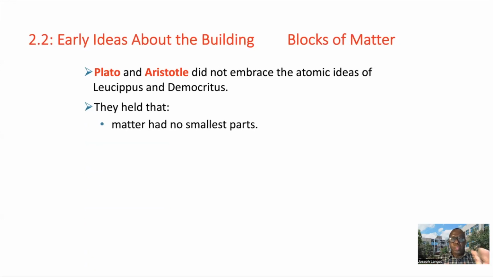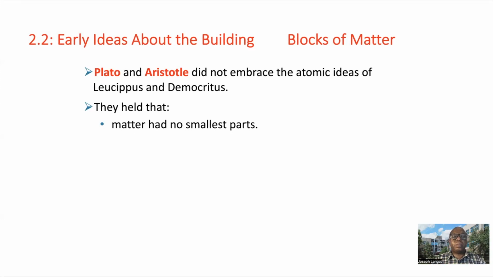If I have a piece of paper here and I divide it into two, I'm dividing the paper into two. You may see I have two pieces of paper. If I subdivide a paper again into two, or subdivide it again into two, the other gentlemen believed that there is a dead end, and the dead end is what we call the atom. But Plato and Aristotle believed that matter was continuous. That means there was no dead end.